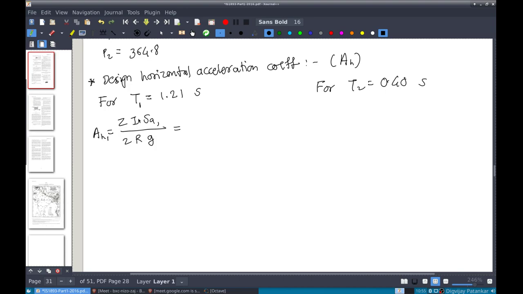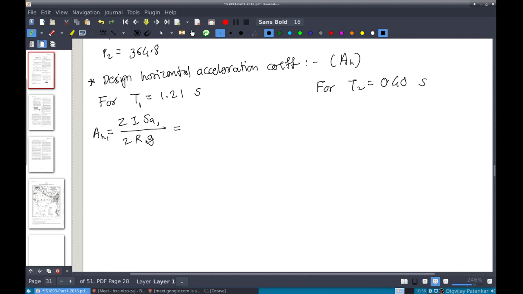Then let us assume that this is a residential building. So importance factor will be 1. What should be R? 5. Yeah, we have to take 5. You cannot design an ordinary moment resistant frame here.